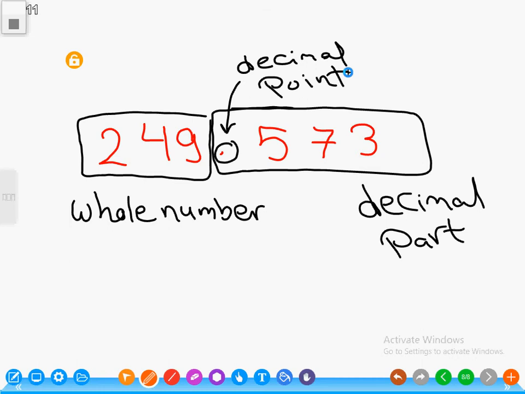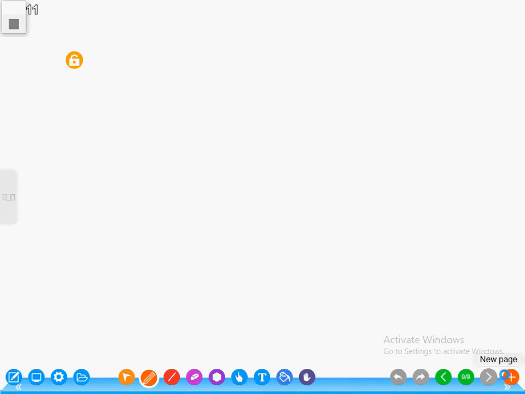Let's learn how to read and write a decimal number.